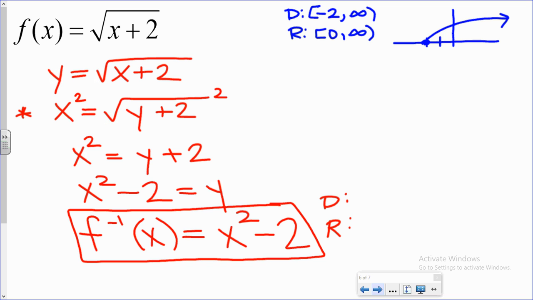When we go down here to the inverse, what do we have to do with the domain and range of the function? Switch it. So since the domain is -2 to infinity, the range of our inverse is -2 to infinity. And since the range of our function is 0 to infinity, the domain of its inverse is 0 to infinity.